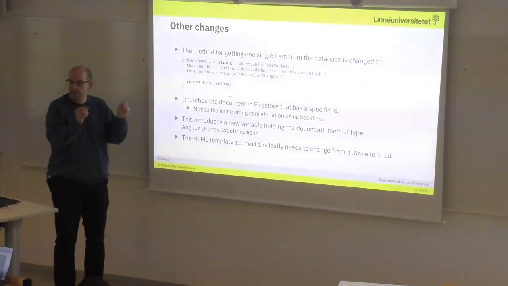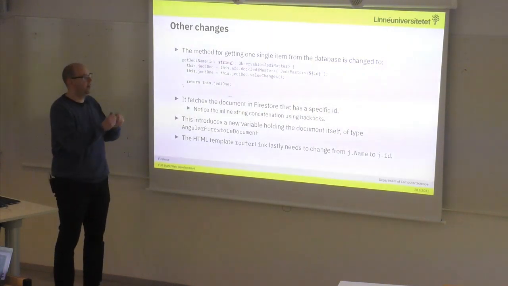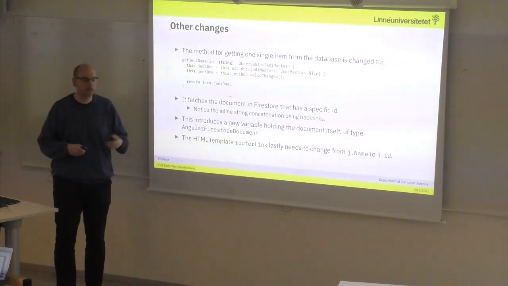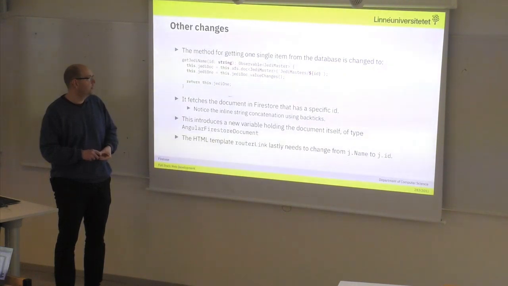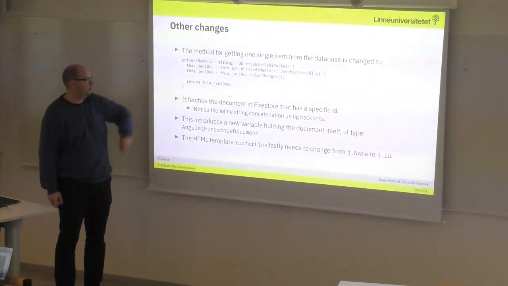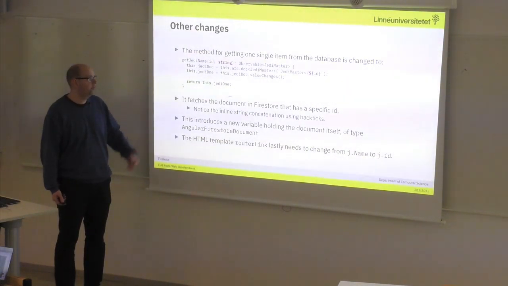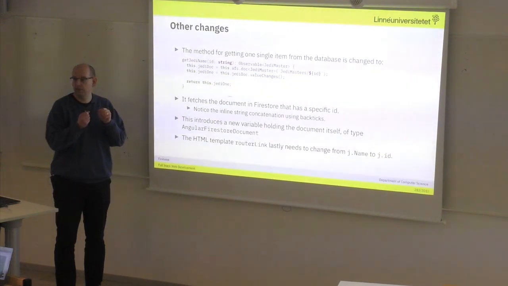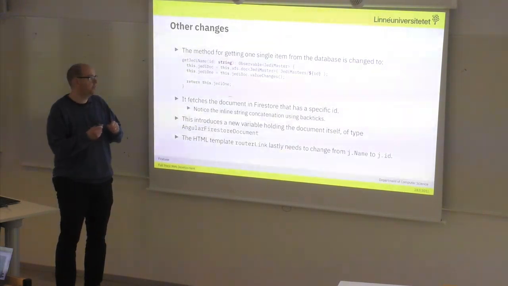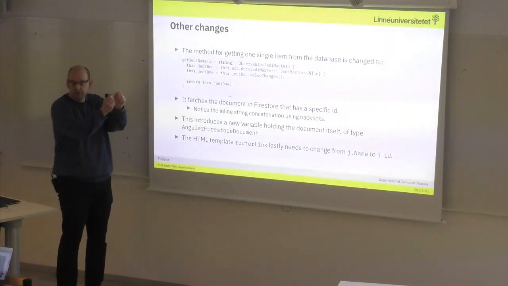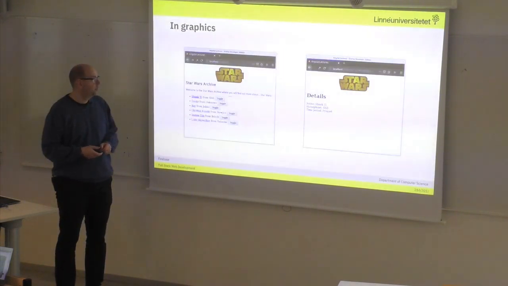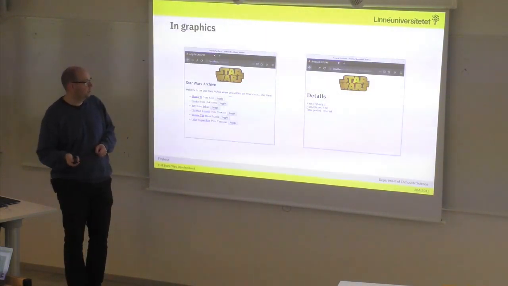The backticks are just for creating this kind of string concatenation. And then listen to the changes and return this one Jedi. And that's basically it. So instead of going for an ID with the name, we say that we go for a specific document with a specific ID. Like this.